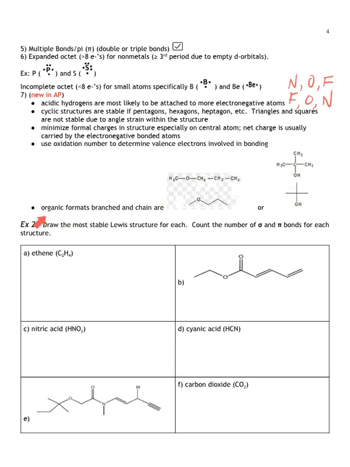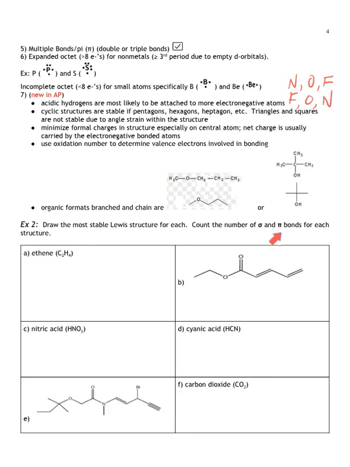And organic compounds, when we say organic, it's all elements that are your nonmetals: carbon, oxygen, nitrogen, phosphorus, hydrogens. Those are your organic compounds. So let's look into example 2. You're drawing the most stable Lewis structure for each, and you're counting the number of pi and sigma bonds for each structure.